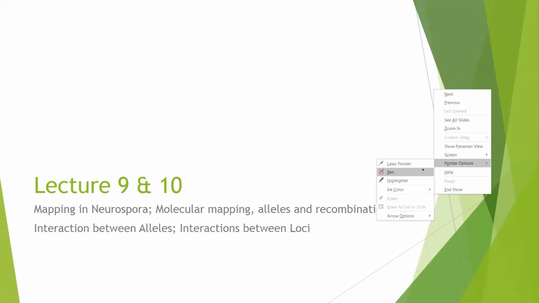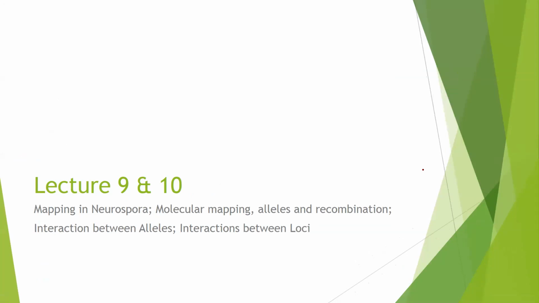Okay, let's get started. Last time we learned how we can use the 3-point test cross to help us derive a genetic map for 3 genes if they are linked, if they are in LD, right?